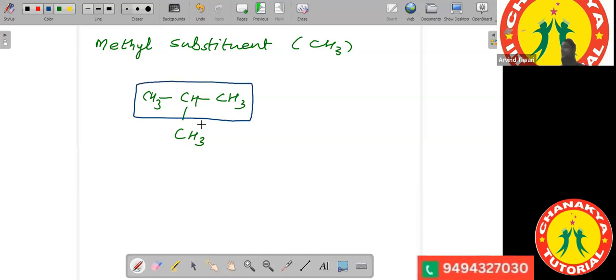So we can call this the parent chain, or we can also take this one as the parent chain. This one also contains 3 atoms of carbon. Or you can choose this one also. All of them have equal validity.